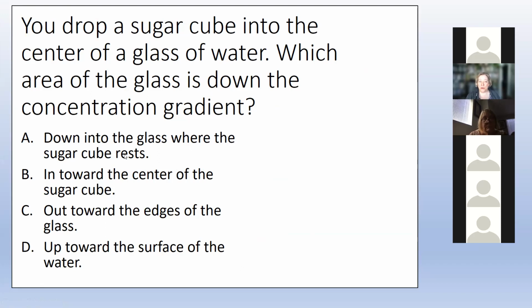You drop a sugar cube into the center of a glass of water. Which area of the glass is down the concentration gradient? And yes, there is more than one right answer. We've got some good voting going on.